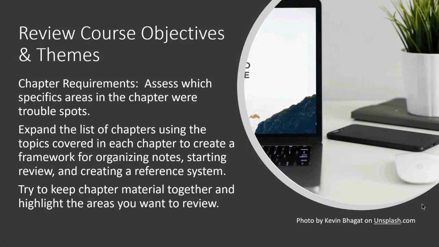You can either do this with just the ones you have trouble with, or you can put all of them and make a sort of table of contents of the course materials by chapter and by topic, which will be really useful for searching for things later on, and organizing your notes and doing review and creating a reference system.